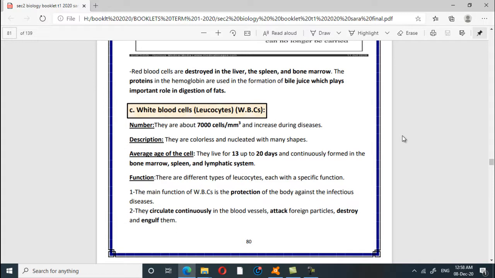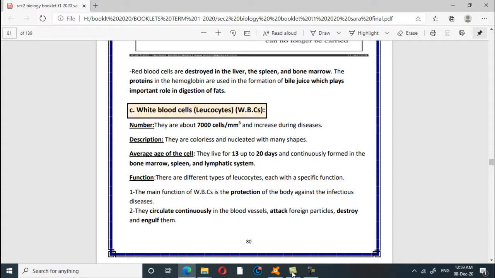The average age of the white blood cells is different from the red blood cells. It's only from 13 to 20 days, then they are destroyed and regenerated again from the bone marrow, spleen, and lymphatic system. Its function is to defend the body against microbes.